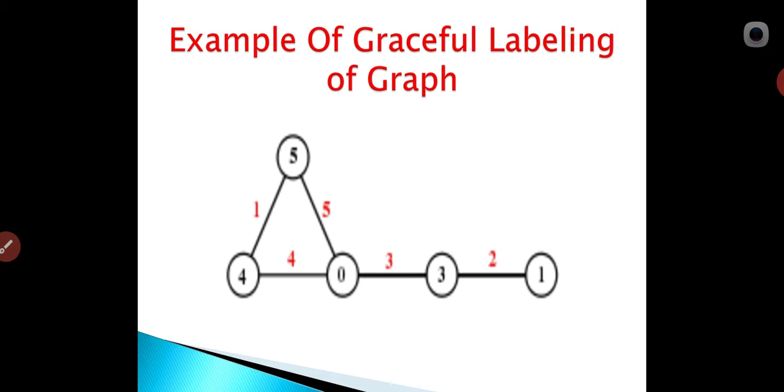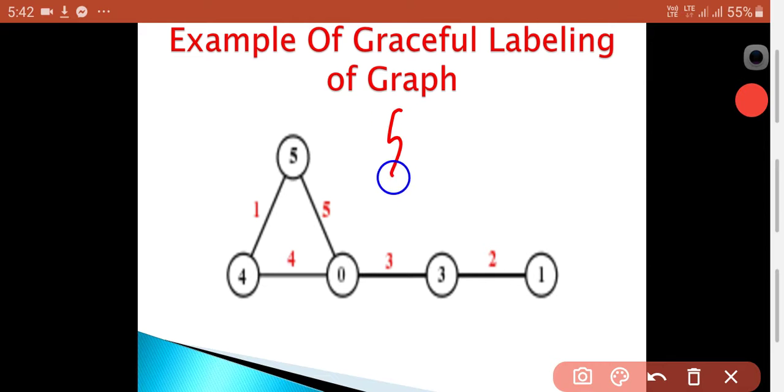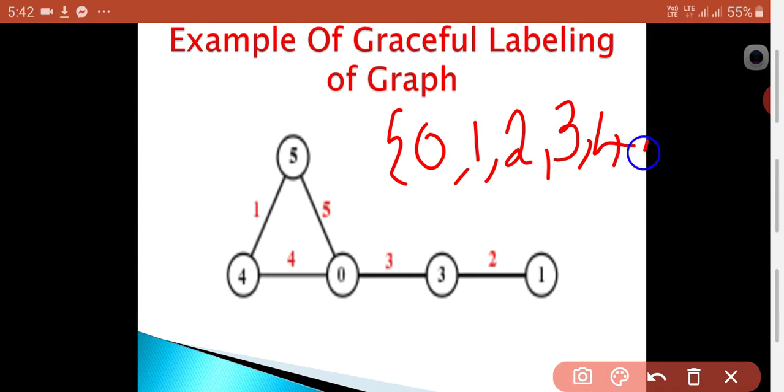So, for the vertex labeling, we use the subset from 0 to 5. We use the numbers 0, 1, 2, 3, 4, 5.